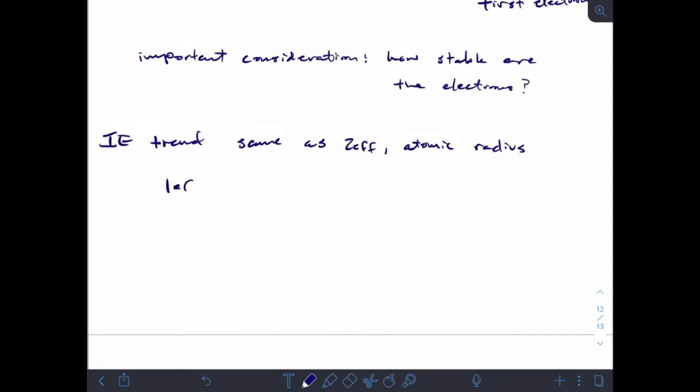So left to right, ionization energy goes up. As Zeffective increases, it costs more energy to pull off an electron.